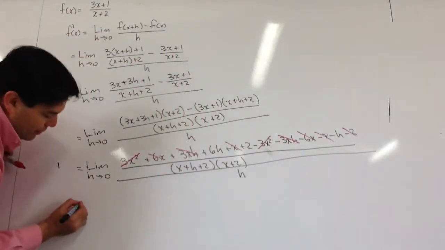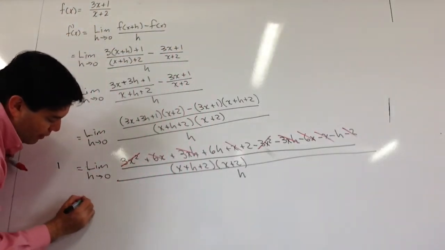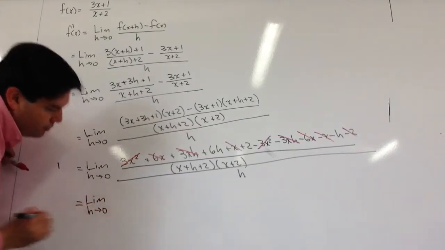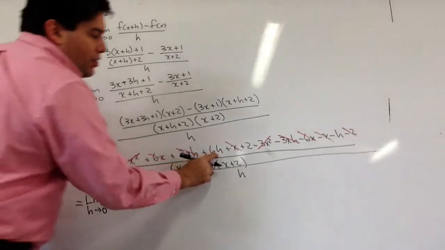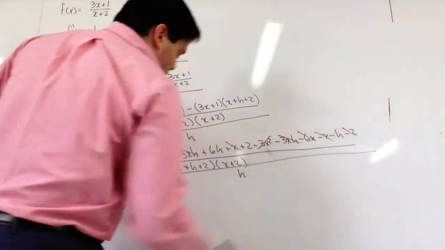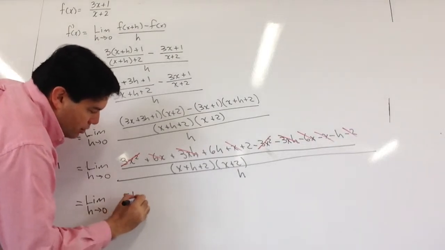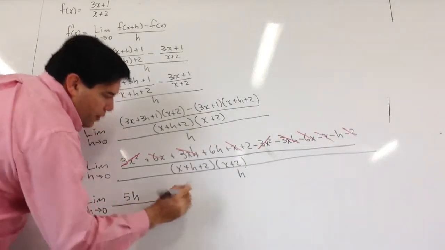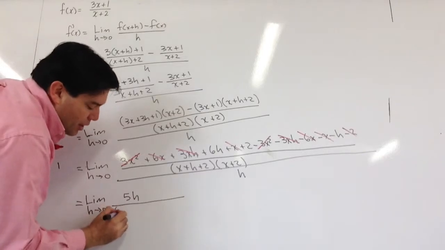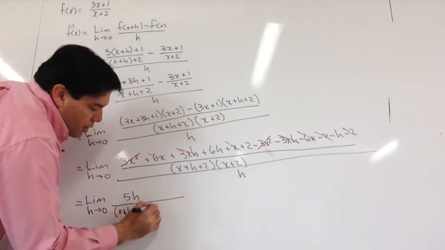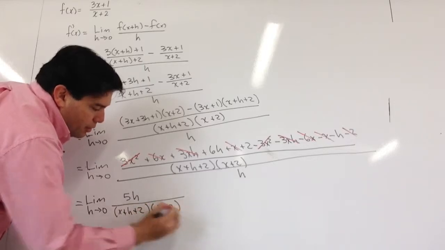So what we have left is the limit as h approaches 0. Let's see, we have 6h minus h, that is 5h, over the denominator, which is x plus h plus 2 times x plus 2.